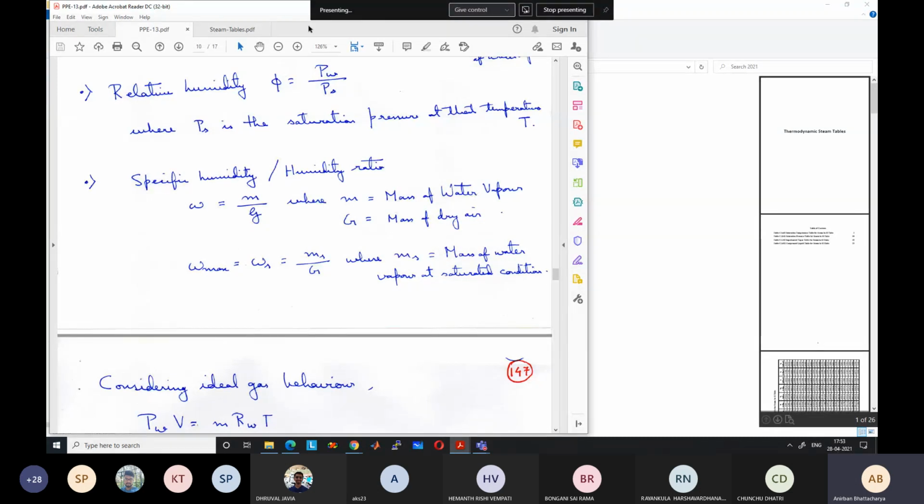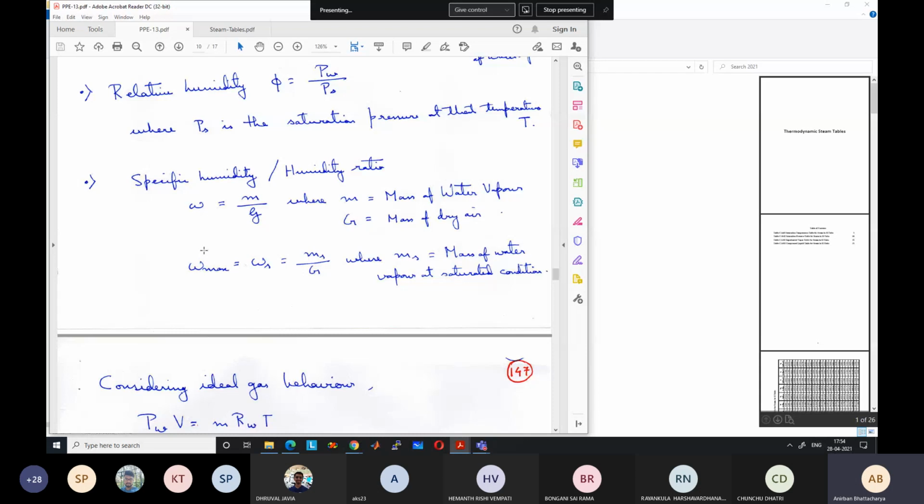At that condition, if the mass of water vapor is ms, then omega max or omega s can be written as ms by g. Here g, the mass of dry air, remains constant, so the mass of water vapor has increased. This is the maximum specific humidity that is possible, and obviously this will change with temperature. At higher temperature, we can have higher humidity ratio or specific humidity.